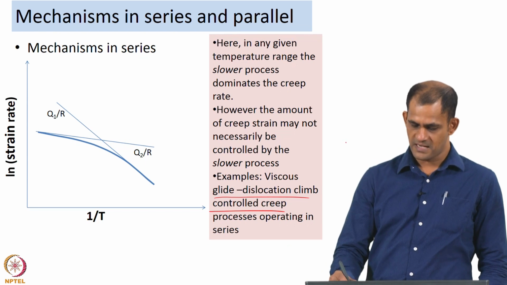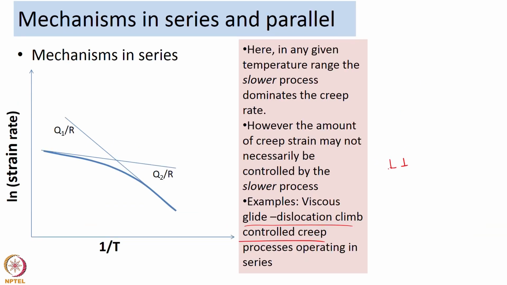You have a glide of dislocations, and then the glide of dislocations has to be supported by climb of dislocations for this process to continue. If the climb of dislocations is not fast enough, then the contribution of glide to the total deformation is going to be limited. So, here the climb of dislocations is rate controlling.